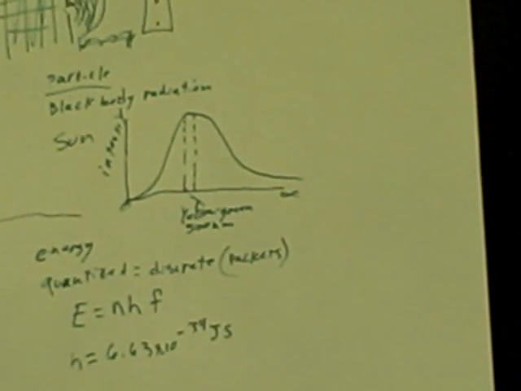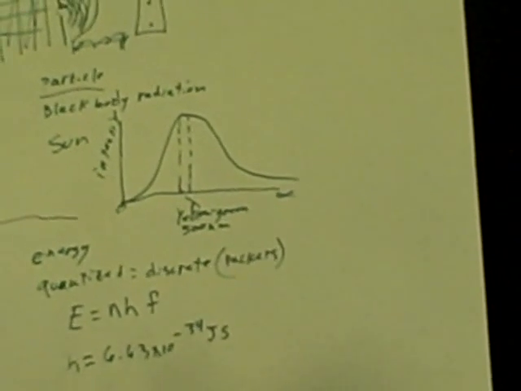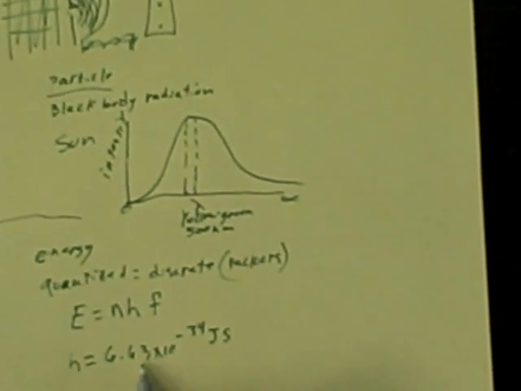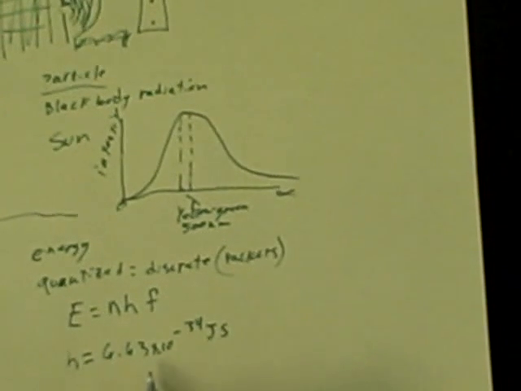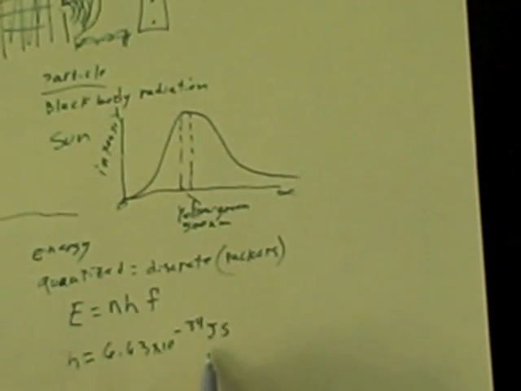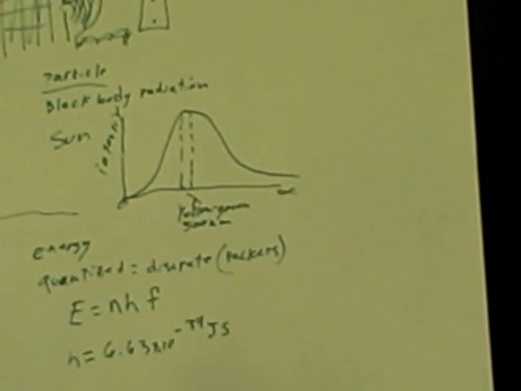So, this is our starting off point. In almost every modern physics problem we see, we will have Planck's constant. This has been shown many, many times to be a good value. There's a couple of different experiments that we'll talk about where they come out with Planck's constant as the correct number.